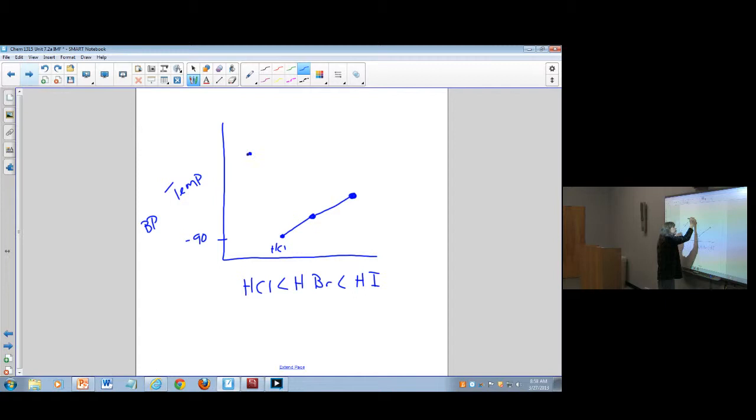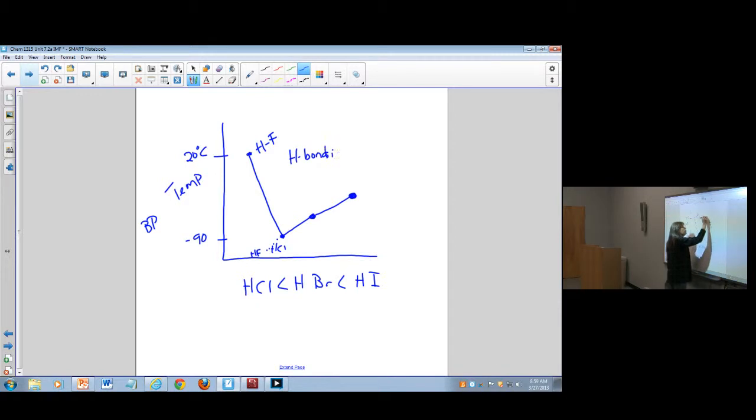How can we explain HF with a boiling point way up here? The boiling point of HF is like 20 degrees Celsius. Why? What happens here that instead of being down here, we suddenly have this massive high boiling point? Well, that's because of hydrogen bonding.